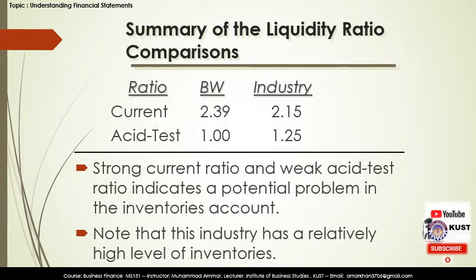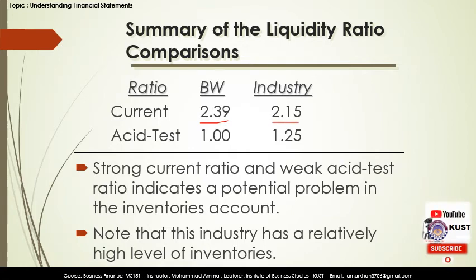Summary of the liquidity ratio comparisons. Up till now we have found the current ratio and acid test ratio. Both are given on your slide, for Basket Wonder and the industry. In the current ratio, we've seen that Basket Wonder has 2.39 and the industry is 2.15.